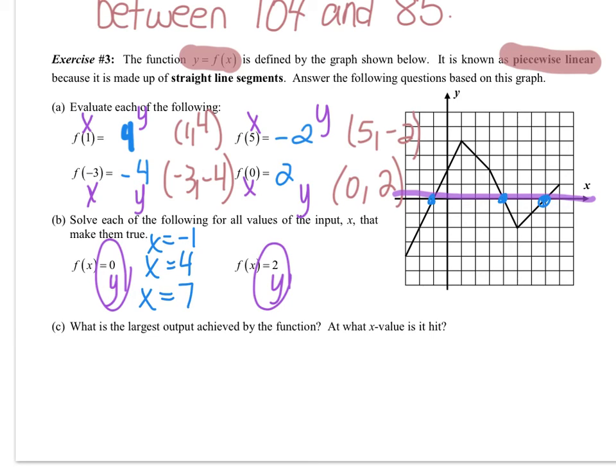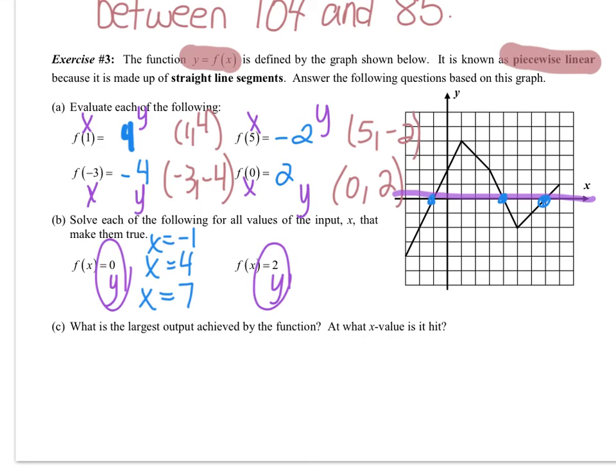And some of you might say, wait a minute, this is not a function anymore, but that is not the definition of a function. If this had happened up here, then we'd have a problem. Then we would not call this a piecewise linear function, we'd call it a piecewise linear relation, because not every x would have its own y. But the x value of -1 has a y value of 0. That won't repeat ever again. The x value of 4 only has a y value of 0. The x value of 7 only has the y value of 0.